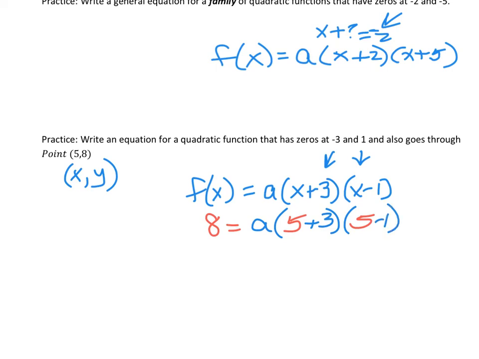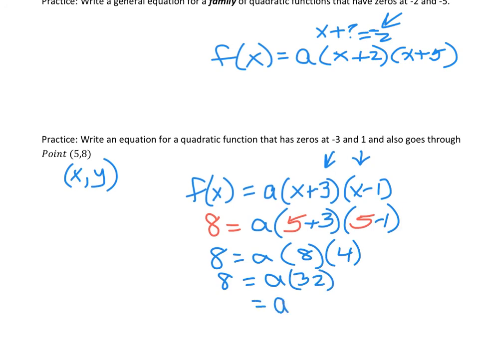So here I have 8 equals a times 8 times 4. 8 equals a times 32. And divide by 32 both sides, and I get 8/32nds, or 1/4, as the stretch factor.